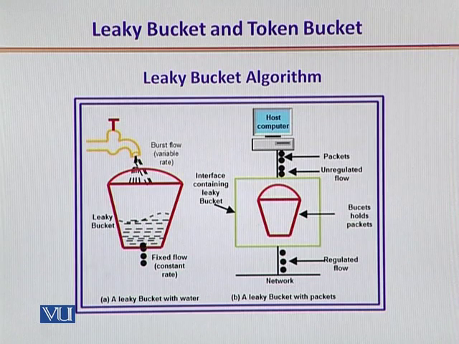It starts receiving all the packets, and these packets get accumulated, buffered, or stored temporarily in the bucket, and the router only emits or allows a regulated flow of these packets one by one. So any uncontrolled or unregulated flow can be converted into a regular flow by the use of a leaky bucket algorithm.